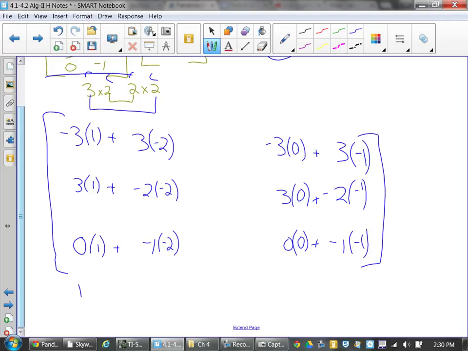And I'm just repeating the process. So now, like I was saying, hopefully you don't need a real calculator to do all of this.